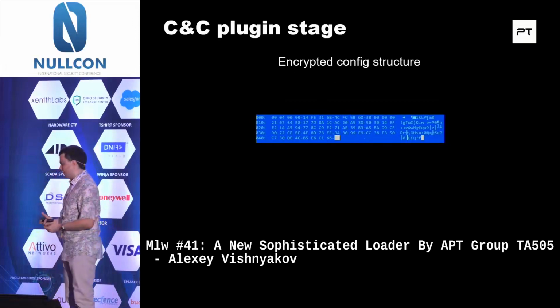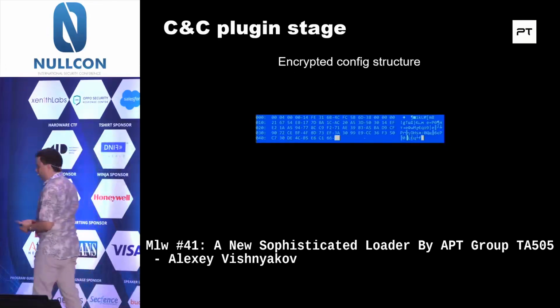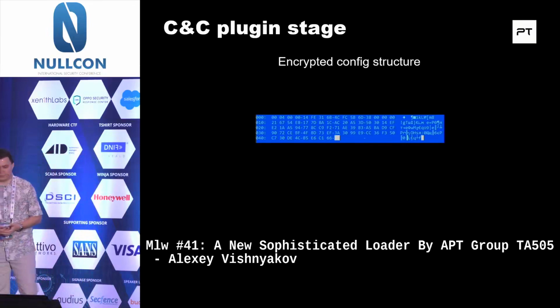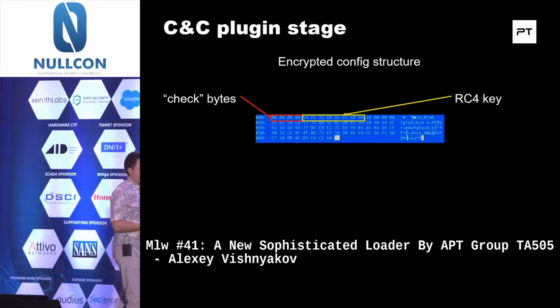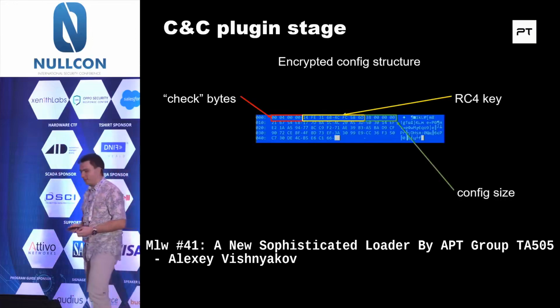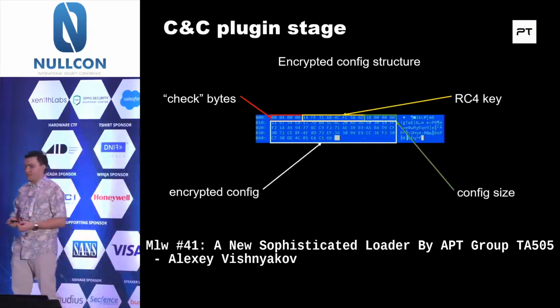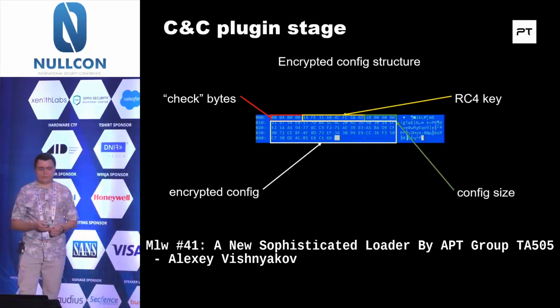So this plugin, we will name it plugin, contains a configuration: some magic value at the beginning, then a sequence of bytes, which is the RC4 key, the size of the remaining data, and just data encrypted with the RC4 algorithm.